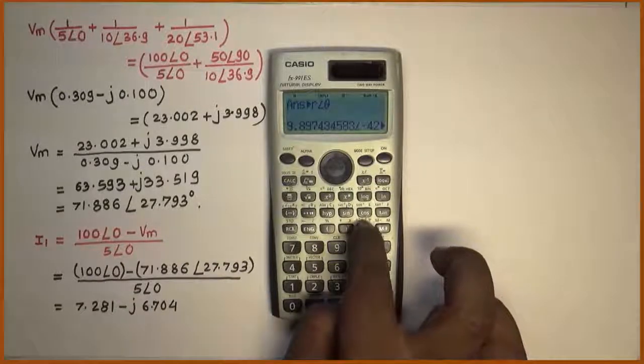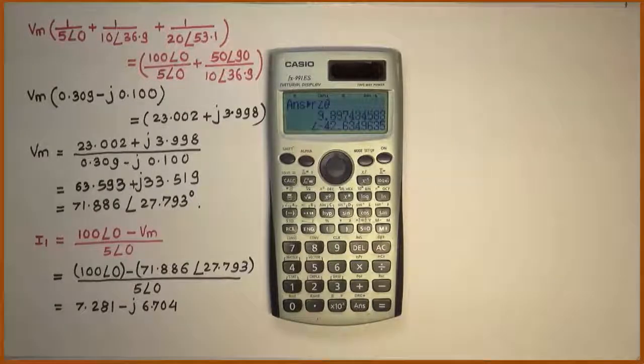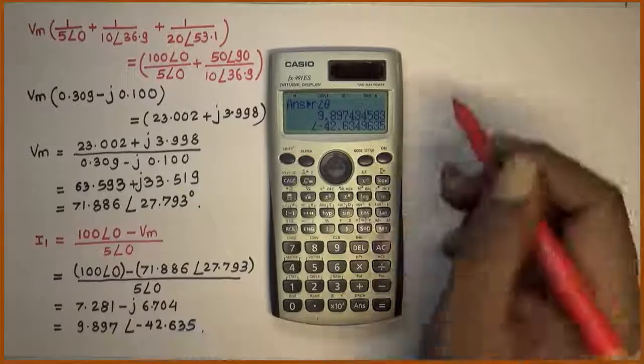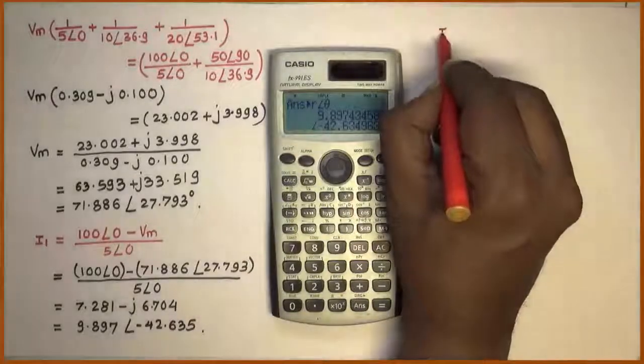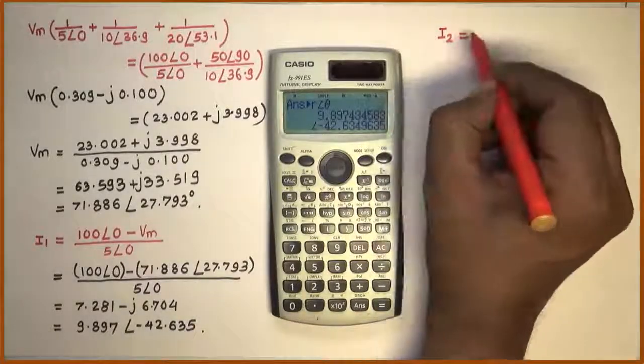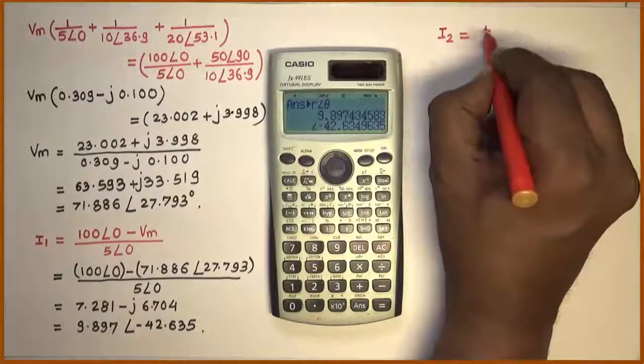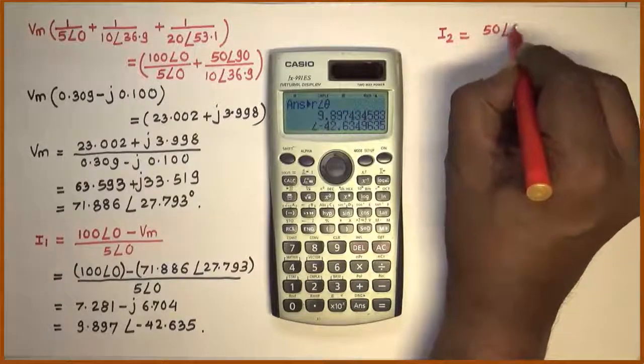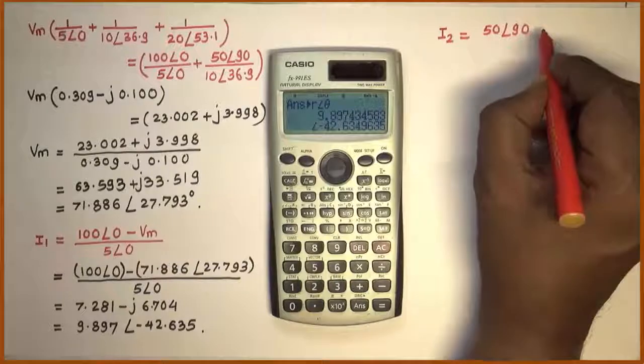If I want to see the total answer, again press S to D. It is 9.897 angle minus 42.635.